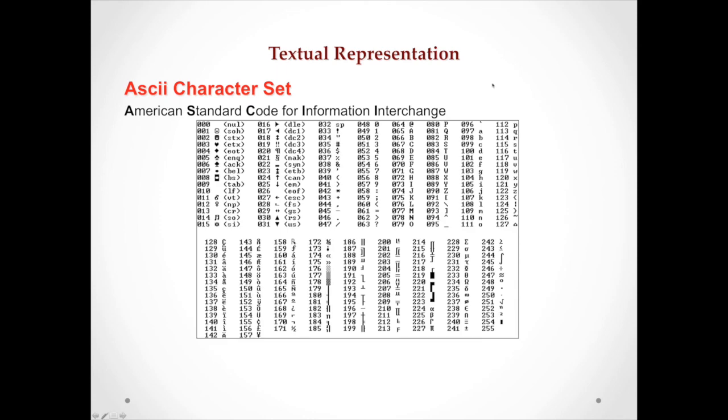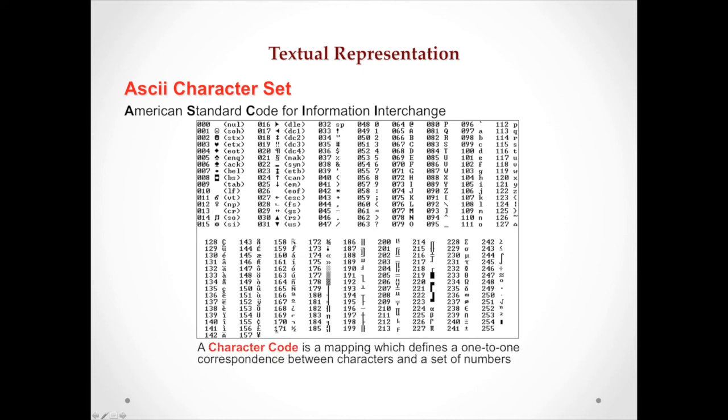Again, coming to the character set, this is the American Standard Code for Information Interchange. For text representation, if we have an 8-bit system, we can represent from 0 to 255. So we have 256 representations, and you can see we have capital alphabets, and the small letters from a all the way to z.